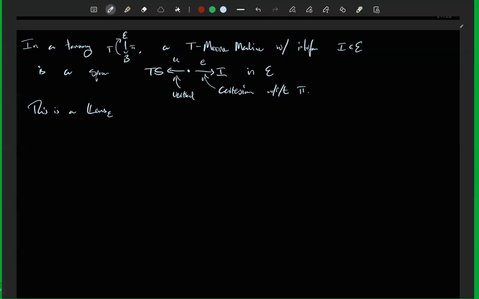Before, I've been writing this with the bundle notation like so. In all of our cases, let's write down what that is.